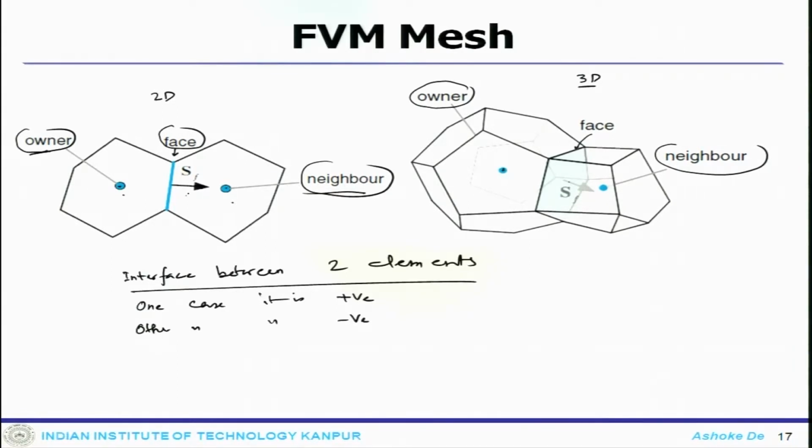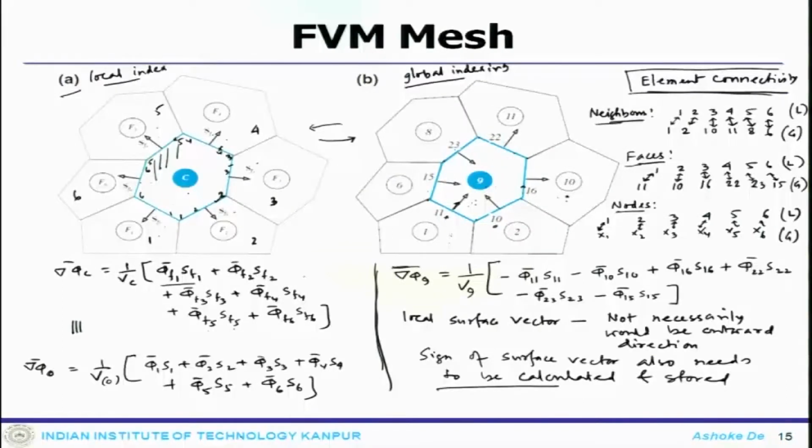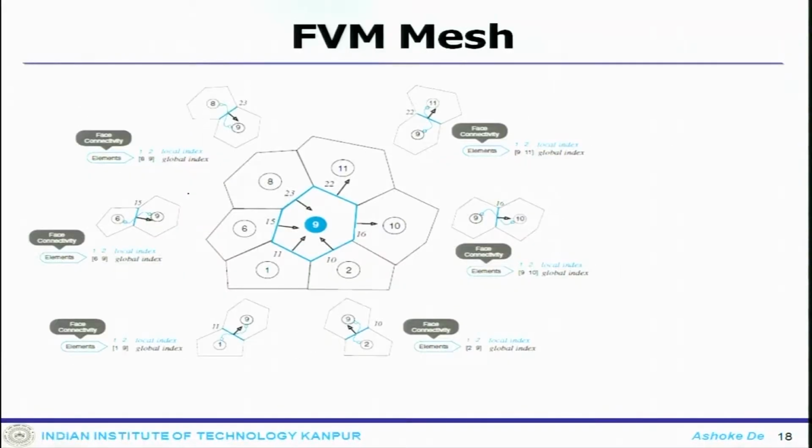So, if you go back to this example of 9 and then look at all this information, then you can see each of these element and you can rather explain each of these connecting faces individually.